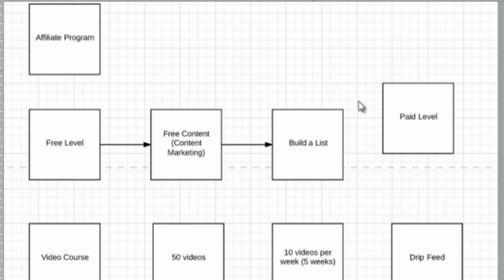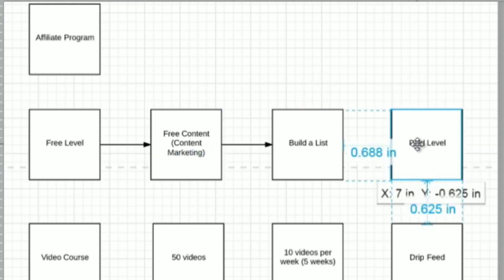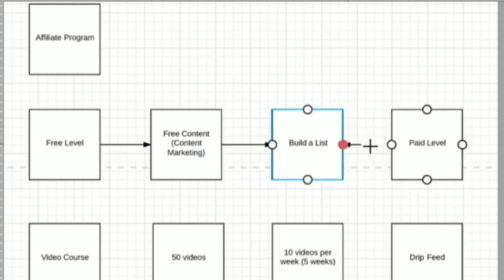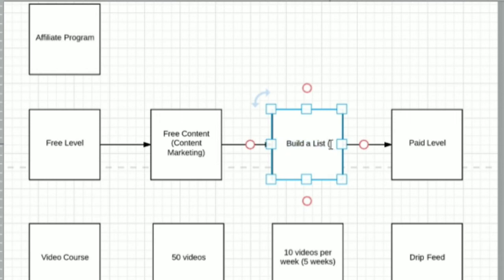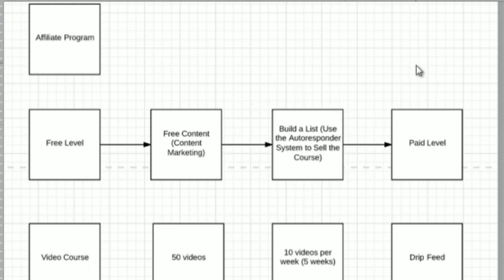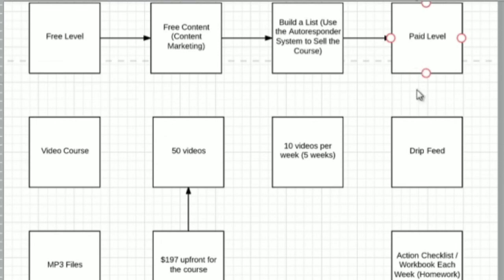And then we're obviously going to want to sell people into the paid level, so we build a list and then use the autoresponder system to sell the course. So you're basically providing as much value as possible to get them into the paid level.